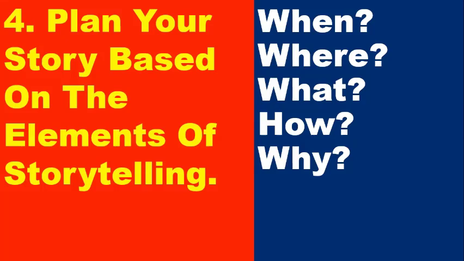Another element of storytelling is conflict, and conflict may not necessarily be a confrontation or a fight between characters. It could be the major problem confronting the main character in the story. Then another thing you need to figure out is the resolution of the conflict, which will provide the theme.